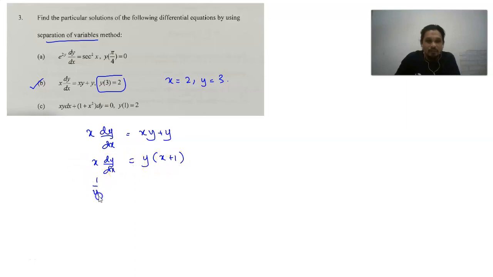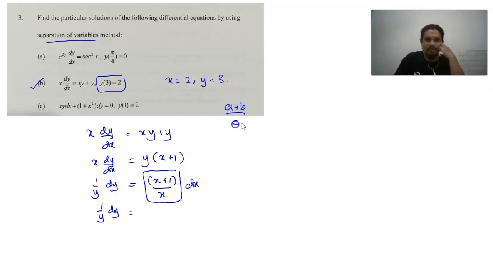So it is 1 over y dy. Bring x to the other side: x plus 1 divided by x dx. So 1 over y dy equals, for the whole of this, it's just like (a plus b) divided by c equals a divided by c plus b divided by c.